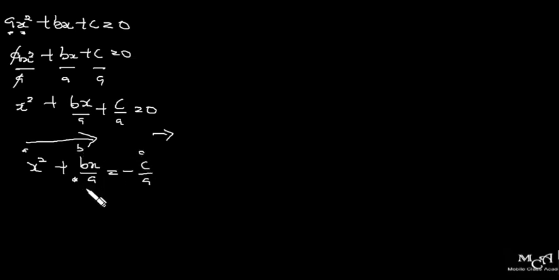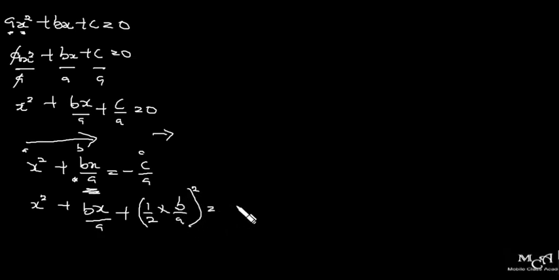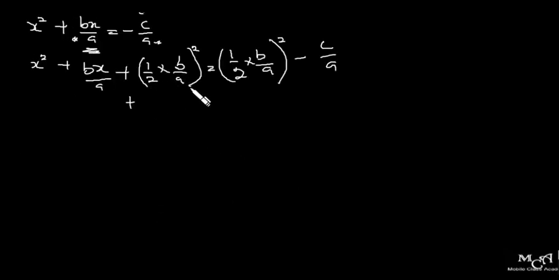So now we look for half of this coefficient, and we add it on both sides. That gives us x squared plus bx over a plus the bracket half times b over a, squared, equals half times b over a, squared, and we still have minus c over a here. From here, let's solve what's in this bracket.